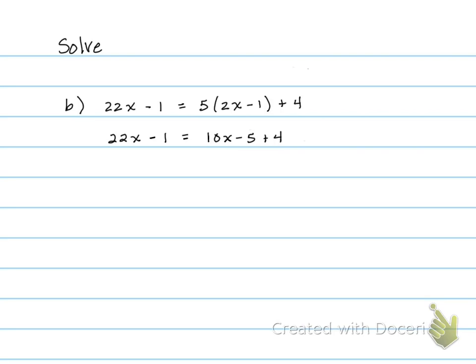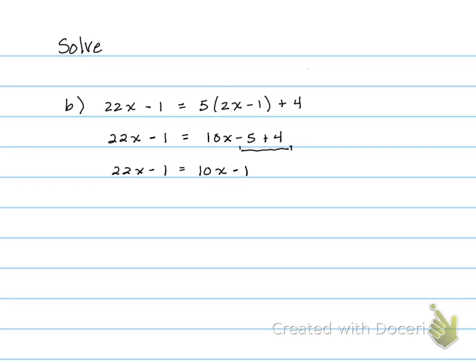I bet it has to do maybe with this addition right here. So negative 5 plus 4 is going to be a negative 1. So we get 10x minus 1 there. No, got that.